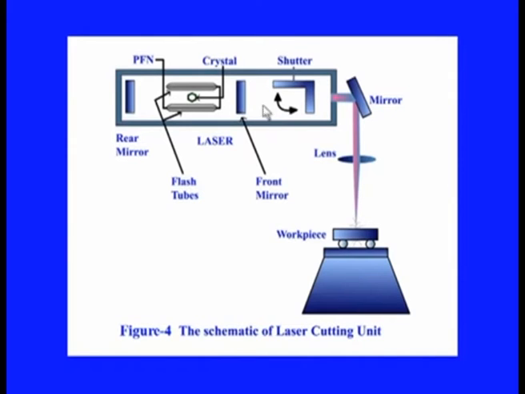After it attains a certain energy or power level, it will be taken out by some partial lens arrangement, through which the laser will come out like this as shown in this particular figure, and can be focused on the workpiece with the help of some lens assembly or lens system.